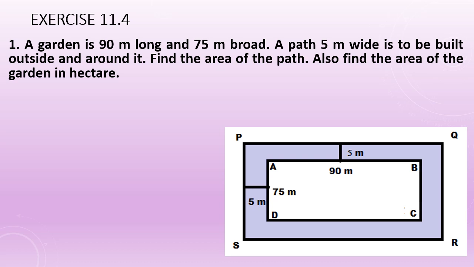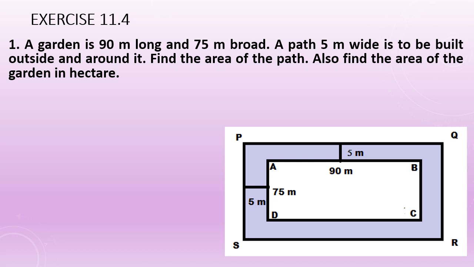See here, a garden 90 meter long. ABCD be the garden, which is 90 meter long and 75 meter broad. A path 5 meter wide built outside. This is 5 meter path. So throughout it will be 5 meter only. It runs around and outside the garden.